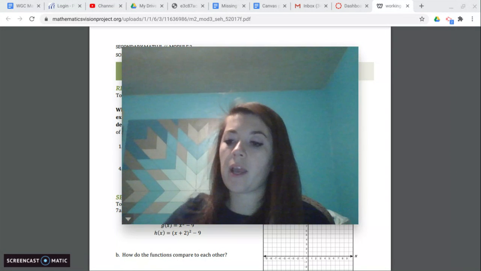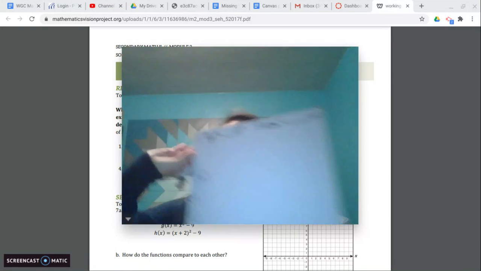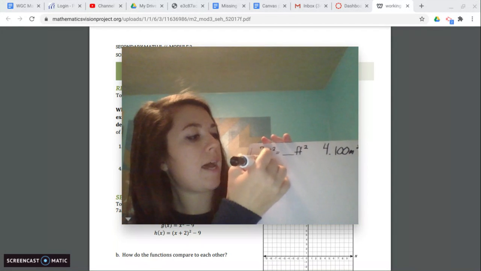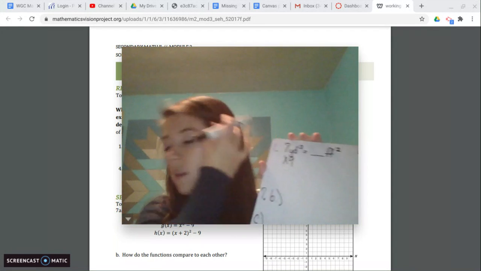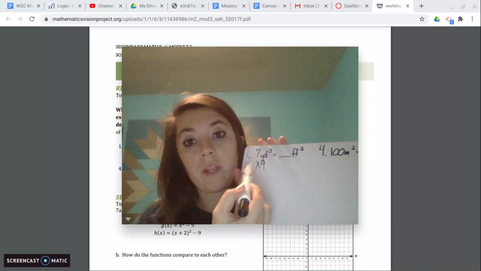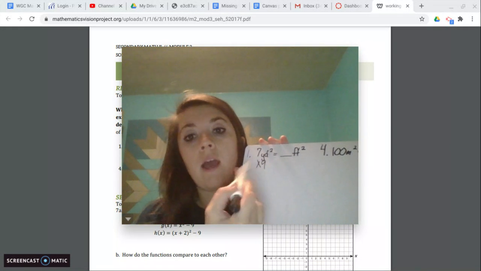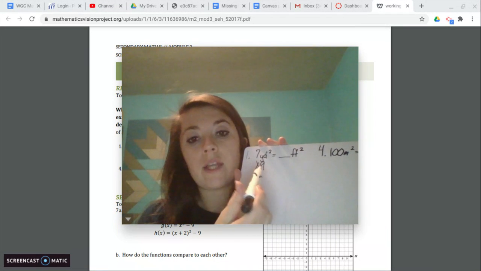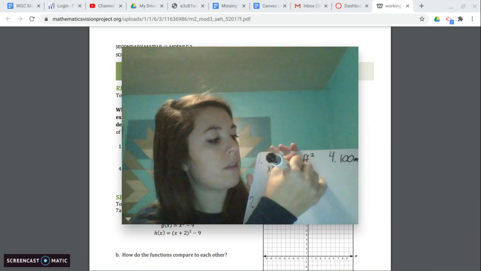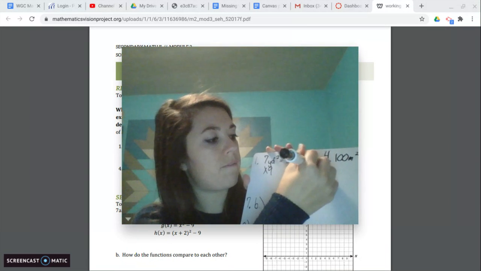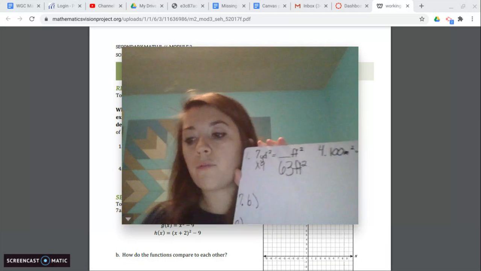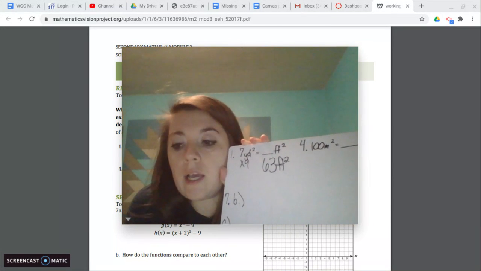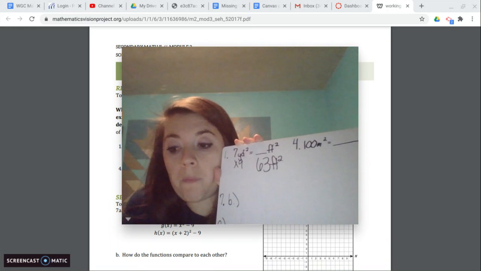So being as we're going from yards to feet, we need to multiply our yards by 9, because in 1 yard there's 3 feet, and we're dealing with squared, so it's 9 square feet. So 7 times 9 is 63 feet squared.